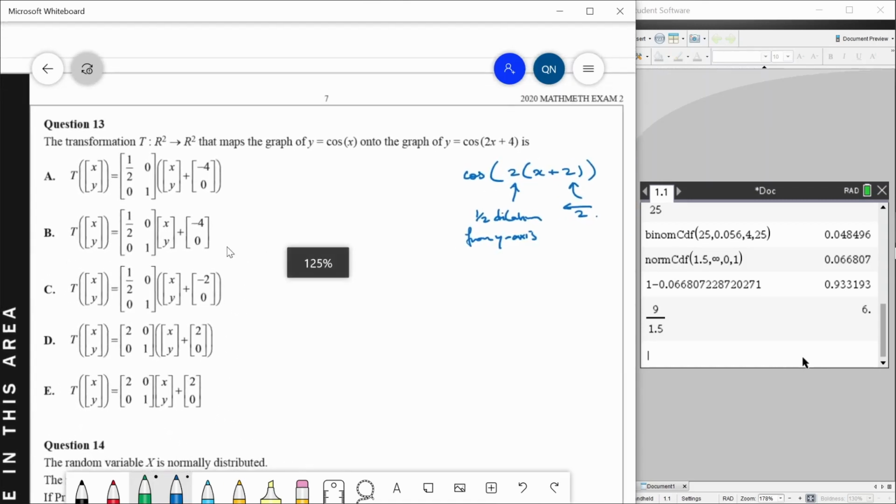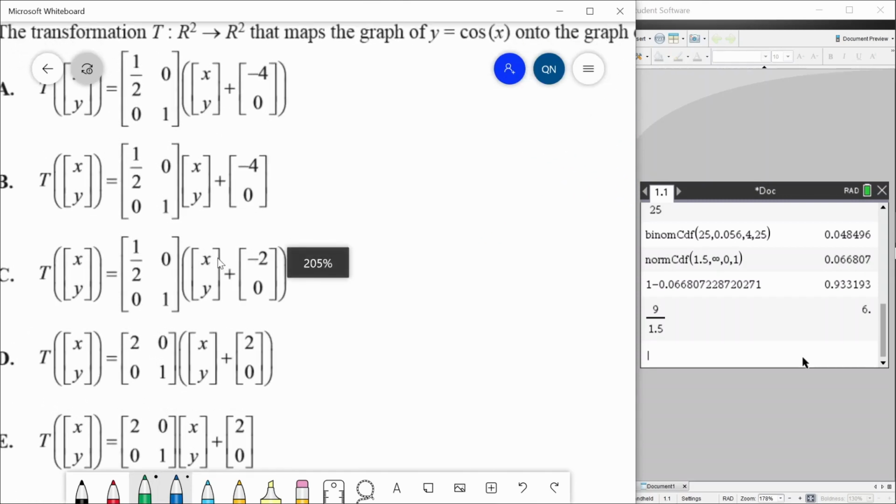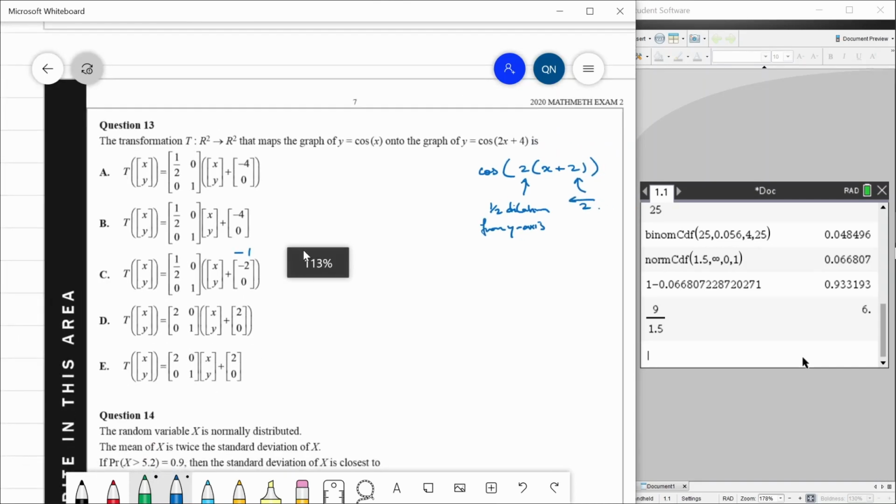Okay, so I think a lot of people ended up going for, I think it was C, because we have a half here and then we have the 2 here, so it looks like it matches up. But it's only C if you don't have the brackets over here. And because there's brackets over here, in fact, if you multiply that half into there, that's only a translation by -1 units to the left.